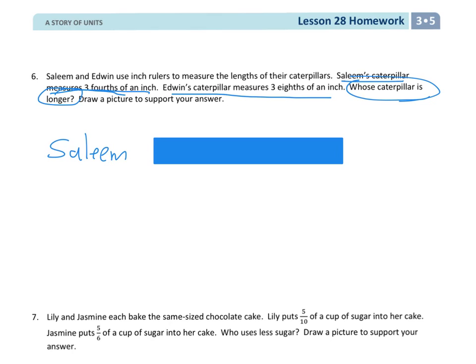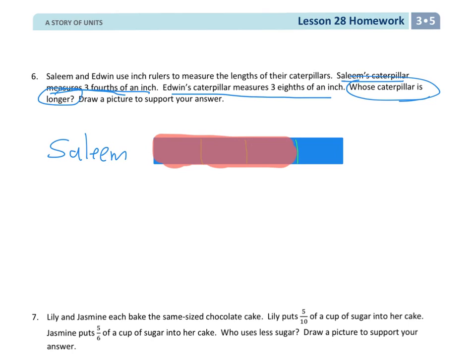And what I'm going to do now is I see that Salim's is 3/4 of an inch. So I'm going to break this into fourths. And I'm going to shade in 3 of those. So there's 1, 2, 3. So 3 of the 4 is shaded in. That's how long Salim's caterpillar is.